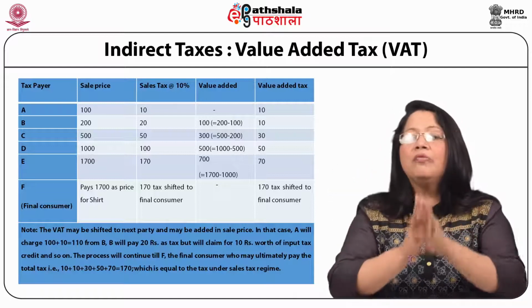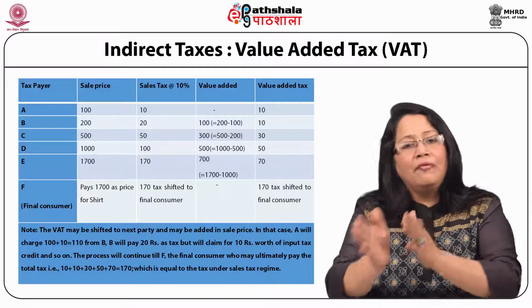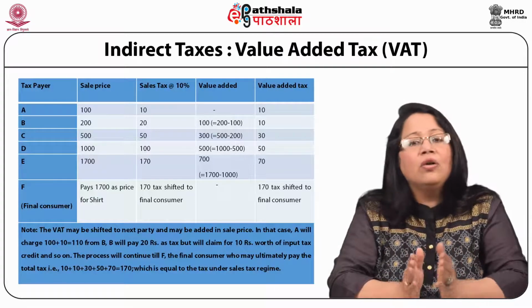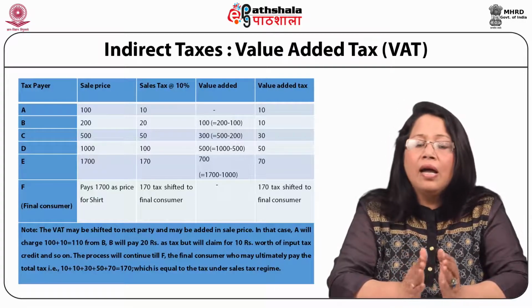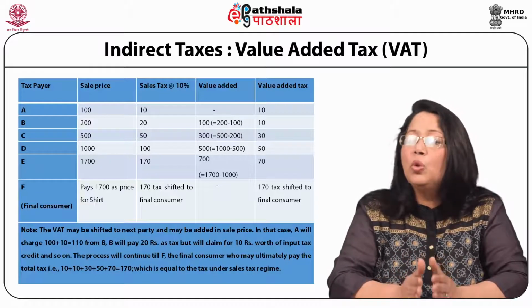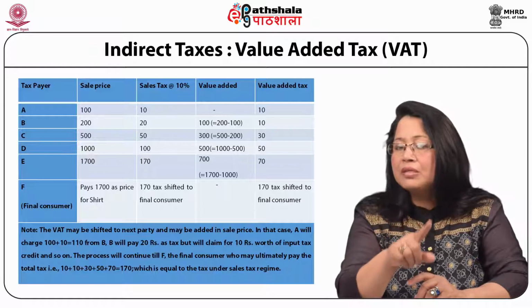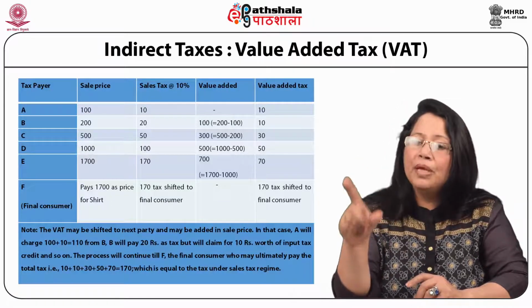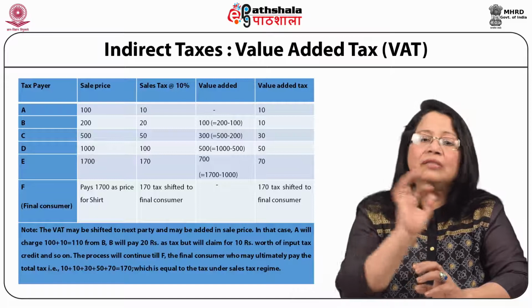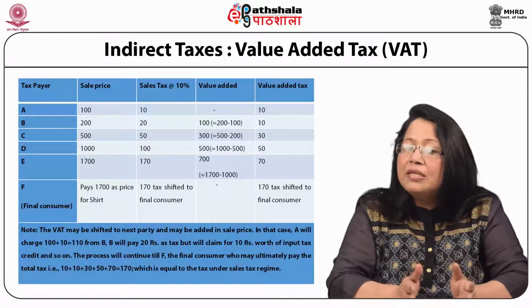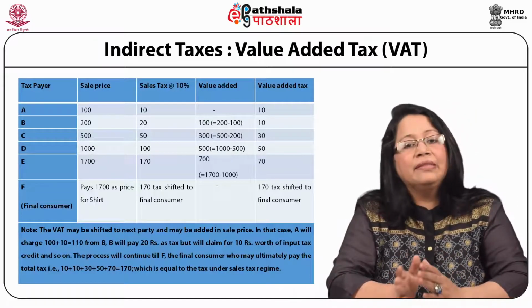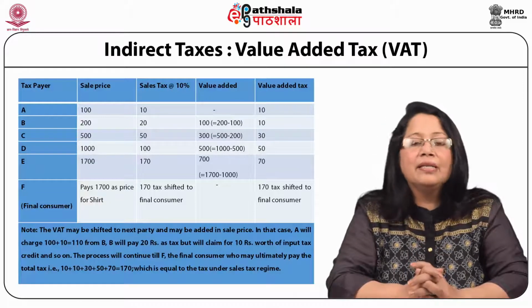The process will continue till F. The final consumer may ultimately pay the total tax, that is 10 plus 10 plus 30 plus 50 plus 70, that is 170, which is equal to the tax under the sales tax regime.